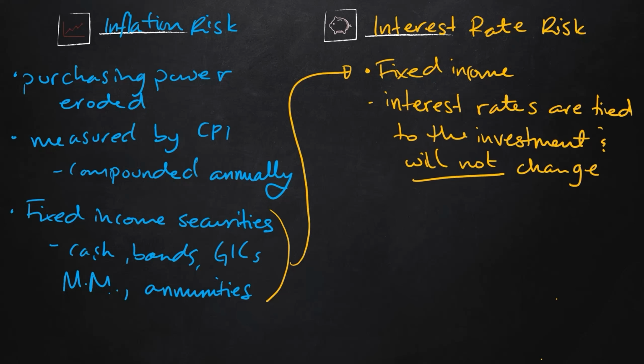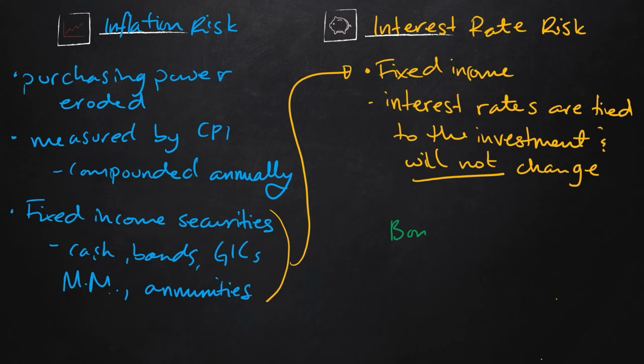If you're getting 2%, it remains 2% even if inflation increases. And so if the interest rates in the market increase and everybody else is getting 5%, but you're only getting 2%, you're really losing out. That's a significant loss. You're stuck with that investment and you can't do anything.